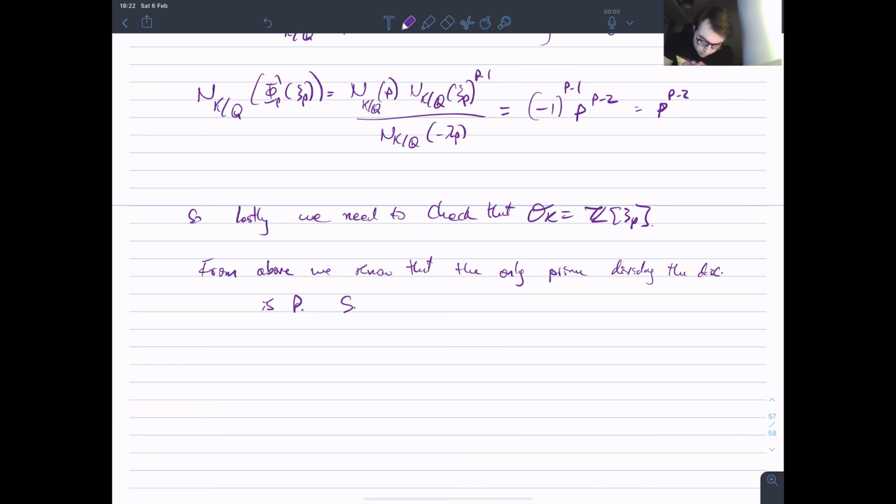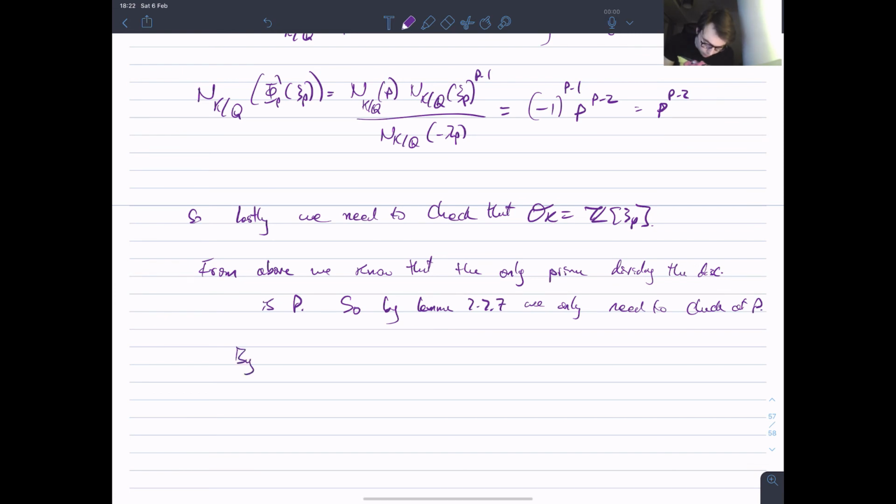So by lemma 2.2.7, we need to check at p if we have an integral basis.